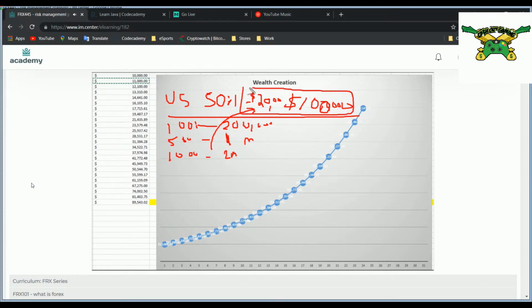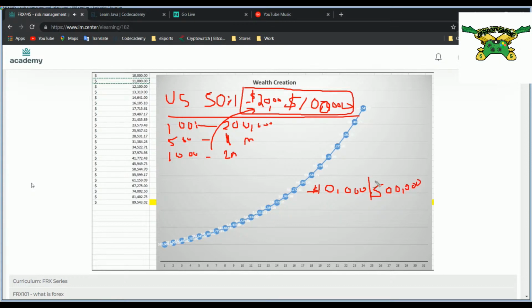So utilizing the leverage of 50 to 1, we could see using $100,000. Let's just say you have a $5,000 account or $10,000 account. So let's just say you have a $10,000 account. Technically, you really have 50 to 1, so you have 500,000 of money you can use.